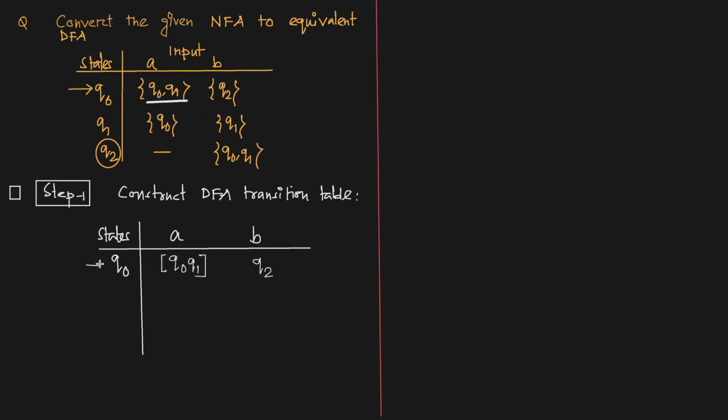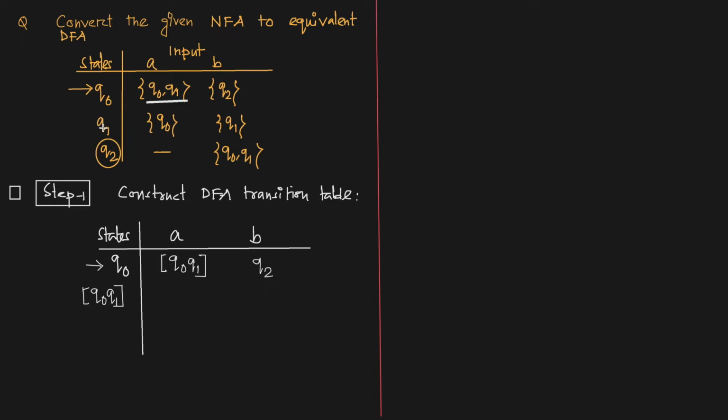So this is our initial state. Now we get a new state, that is Q0 Q1. A new state we define in brackets.